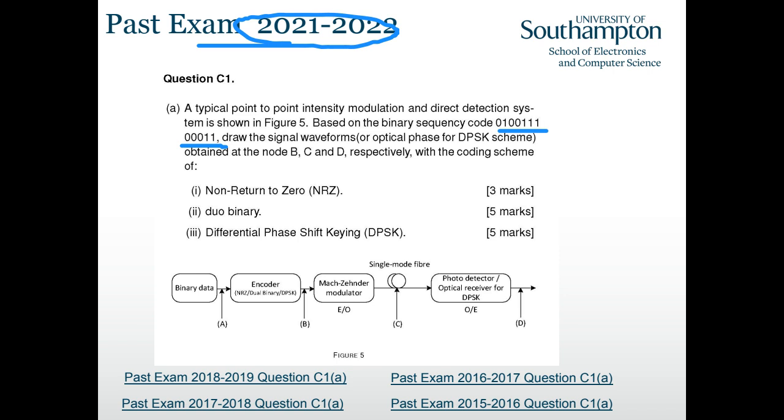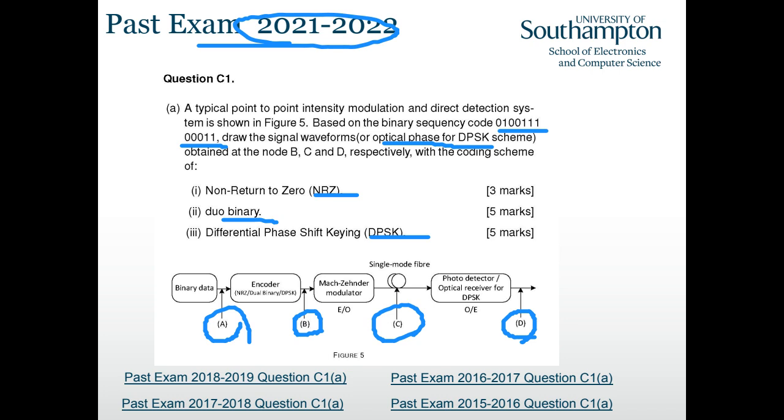These binary bits are at location A, and then you need to use different modulation coding schemes and draw the waveform or optical phase of DPSK at B, which is the electrical input to the MZM, C, which is the optical output from the MZM, and then D, which is the electrical output from the photodiode, photodetector.